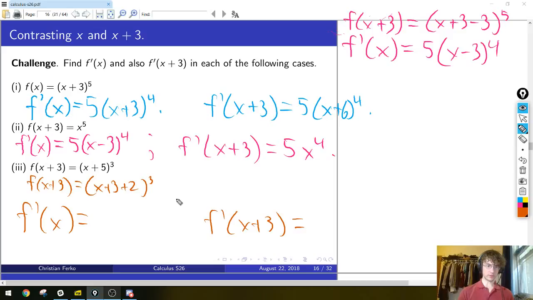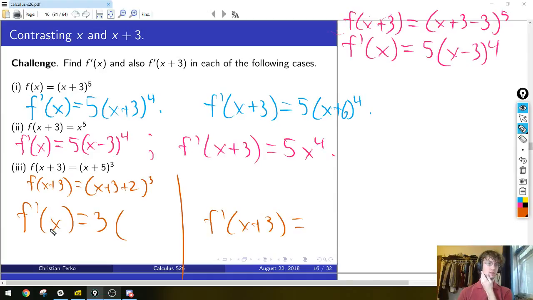What are these guys? So we first have that it's going to be equal to x plus 2 to the power of 3, and that is in turn equal to 3 times x plus 2 to the power of 2. Right? Wait, you're telling me the left one? F prime of x?